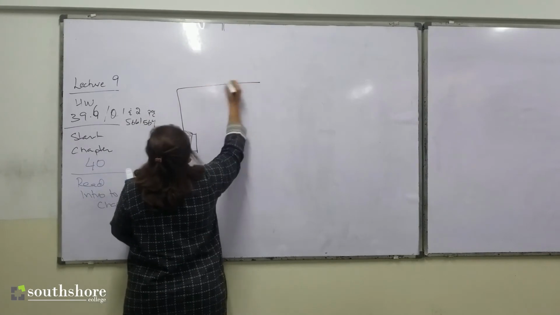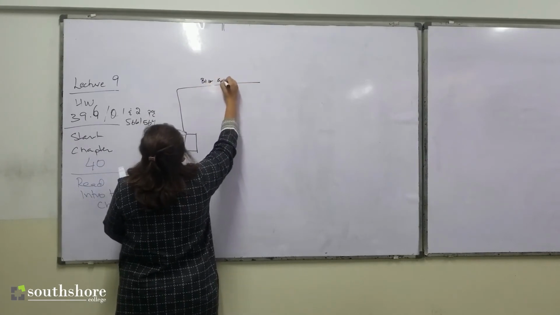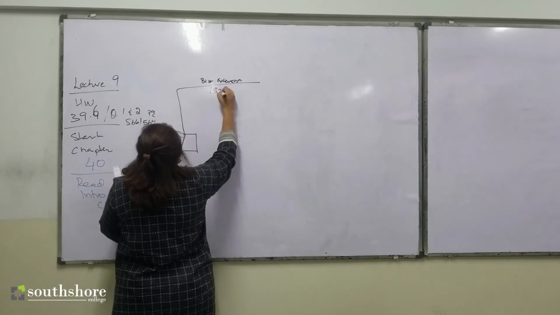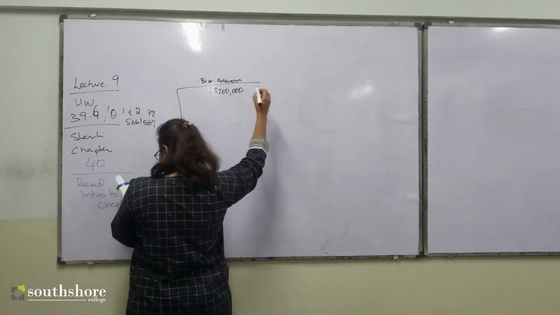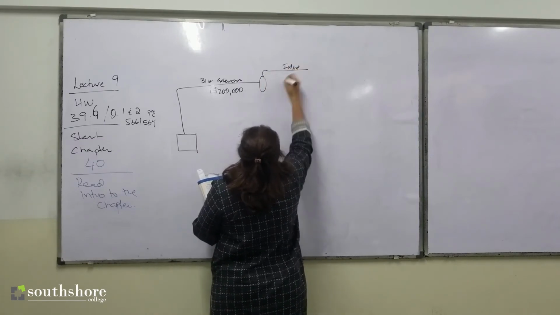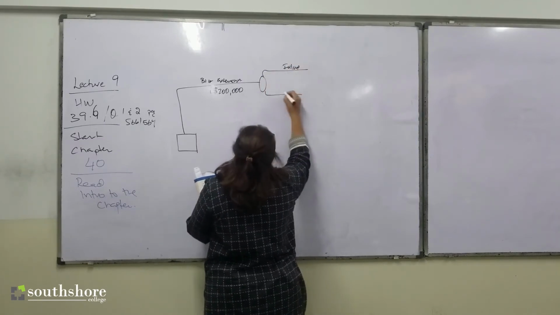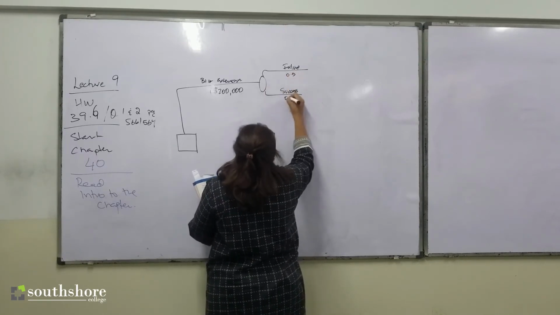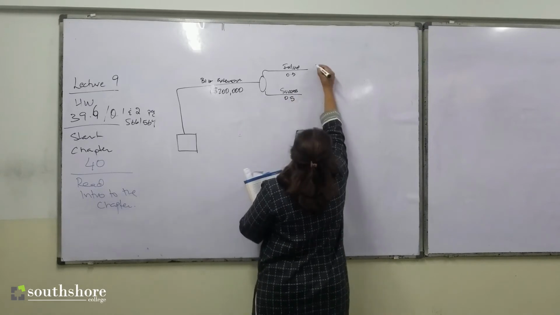And we have the big extension, and this is going to cost her $200,000. Success 0.5, 0.5, so a 50% chance.